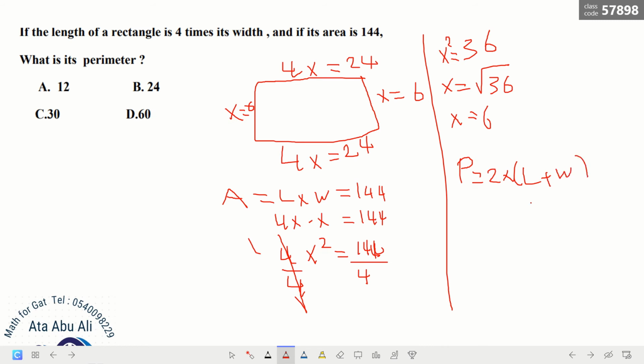So here it's equal to 2 times, length is 24 plus width is 6. So that becomes 30. So 2 times 30, as you know, is equal to what? It's equal to 60. So the answer is D.